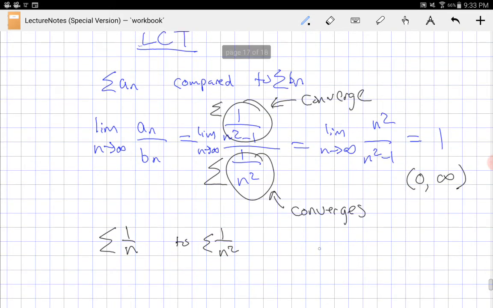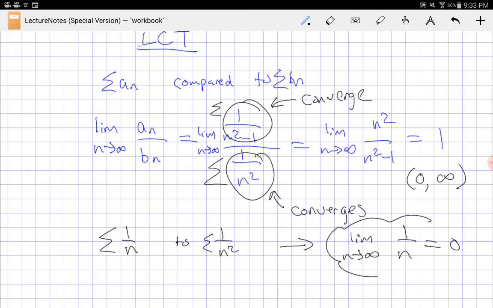We produce the limit as n goes to infinity of 1 over n, and we know this goes to 0. This is inconclusive because this one we know is converging, but this one we know is diverging. So this doesn't tell me that they have the same behavior. For them to have the same behavior, your comparison limit has to equal some finite number.